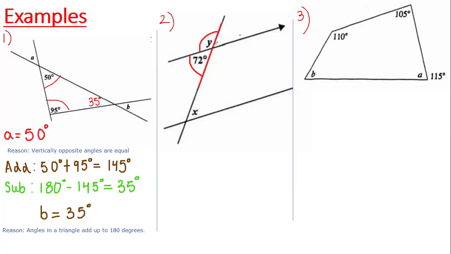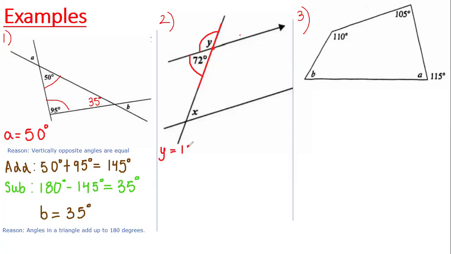So on a straight line at a common point, we have y and 72 degrees. So if they're on a straight line at a common point, what should they add up to? 180 degrees. So that means that y must be equal to what?